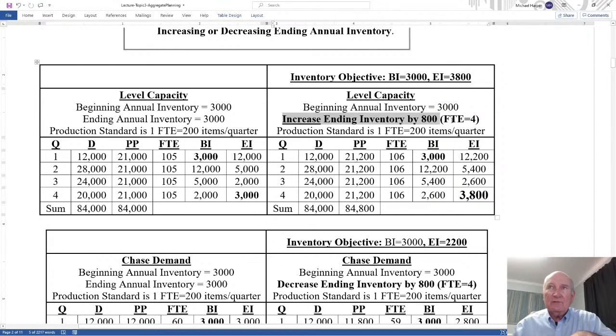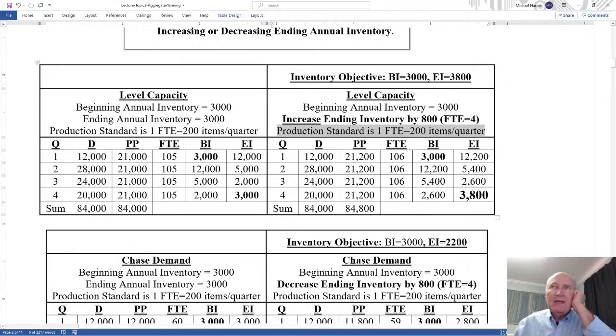Hence, it'll be 3,800. And I copied my production standard of 200 because we're going to be using that. Okay, well, there's different ways of doing this. And it's important to see different ways of accomplishing this because depending on the application, one way may be more appropriate or more direct than another way. So know multiple ways to solve a problem.